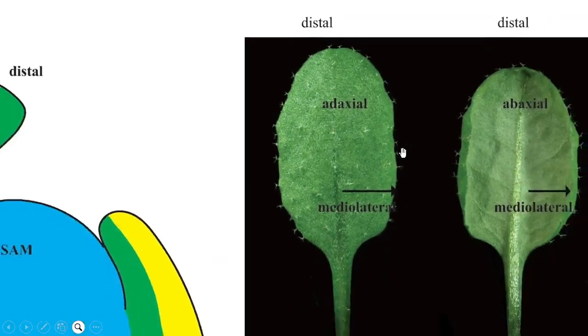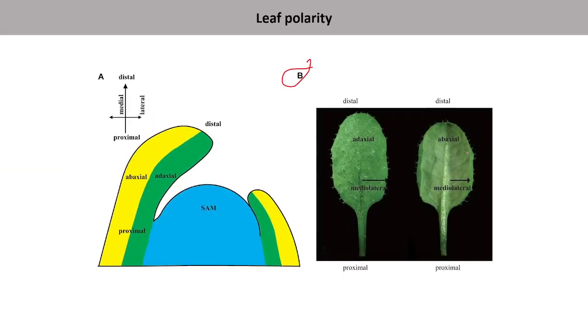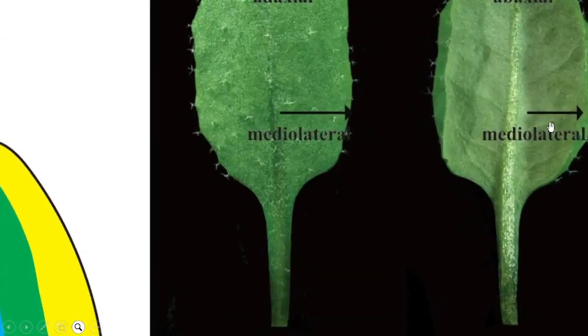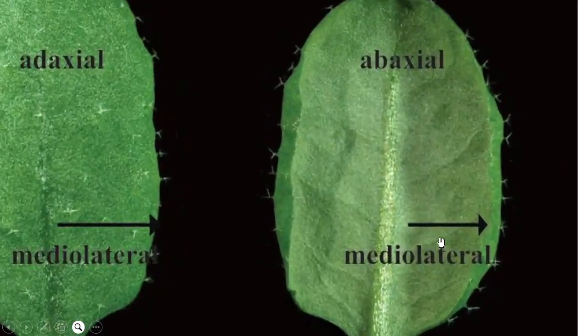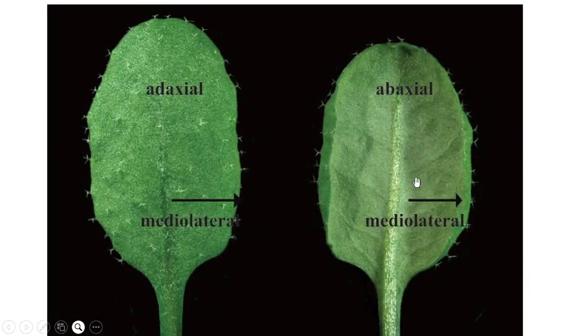These are called trichomes. On the other surface of the leaf, almost no trichomes are present. The ones that are visible are because of the folding of the leaf from the sides. So this side will be called the abaxial side and this side will be called the adaxial side.